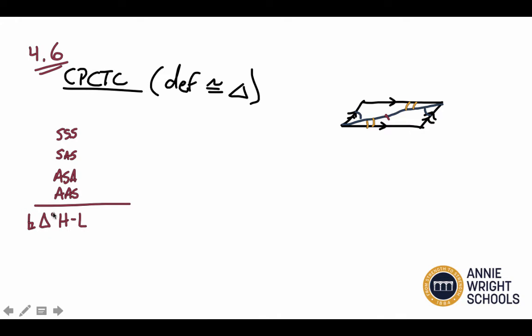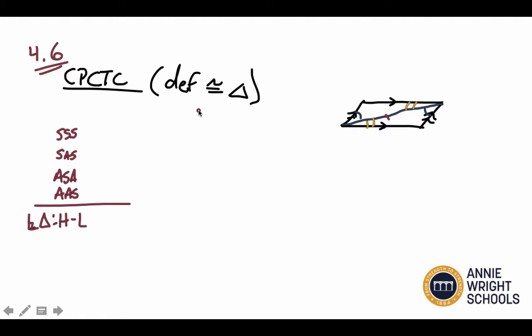If you don't have a right triangle, or two right triangles, you can't deal with hypotenuse leg. The sixth way is the definition of congruent triangles, but to get all six parts congruent is usually impossible or very difficult. And sometimes what you're trying to prove is that parts are congruent, so you use one of these shortcuts, so then you can say the corresponding parts of congruent triangles are congruent.